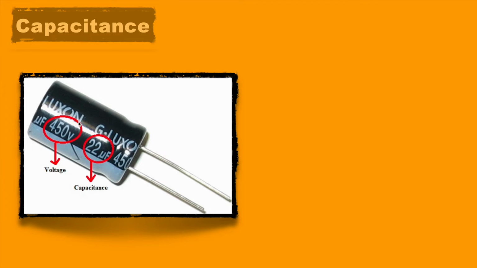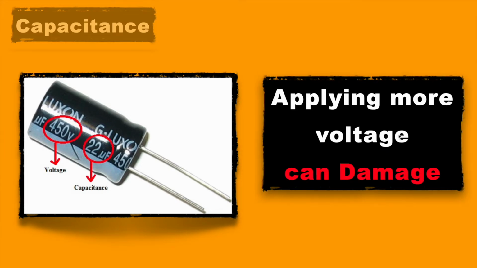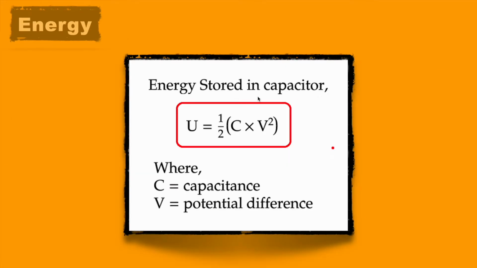This means the capacitor will work up to 450 volt of supply, and if we increase the supply voltage beyond this, the capacitor may be damaged. Energy stored in the capacitor can be calculated with this formula: stored energy equals half CV squared, where C is the capacitance and V is the potential difference between the metal plates.